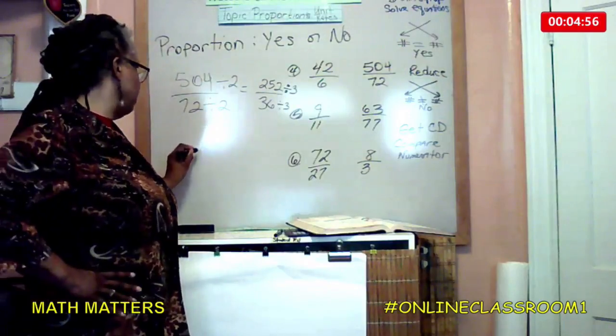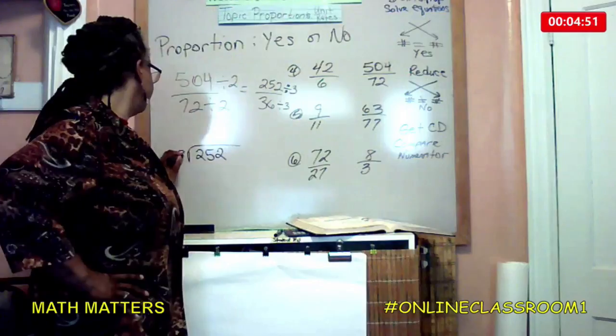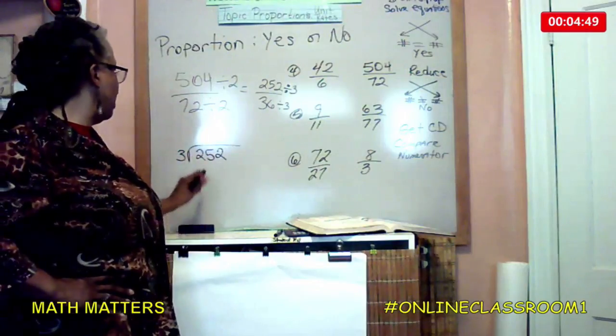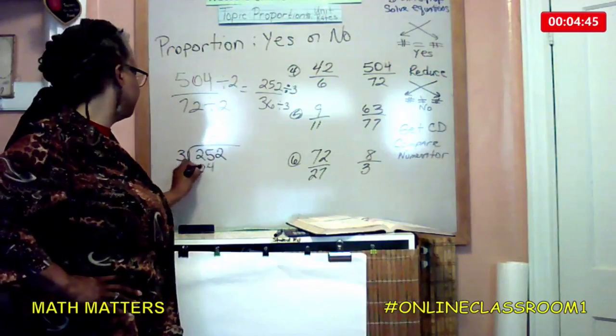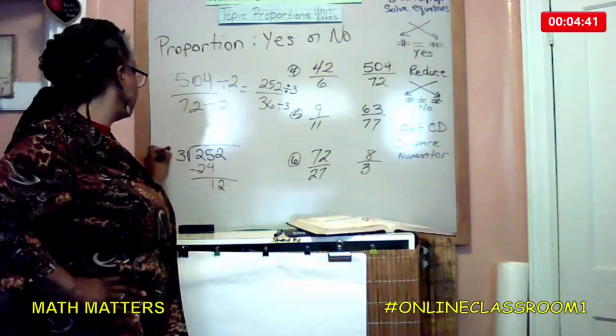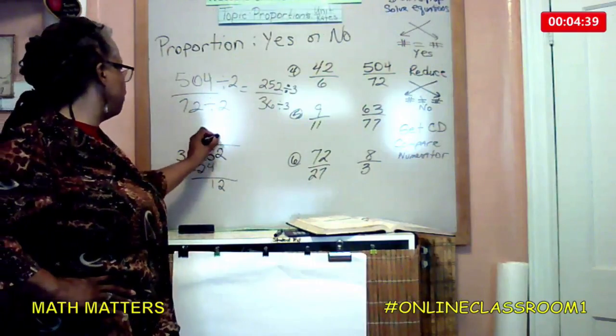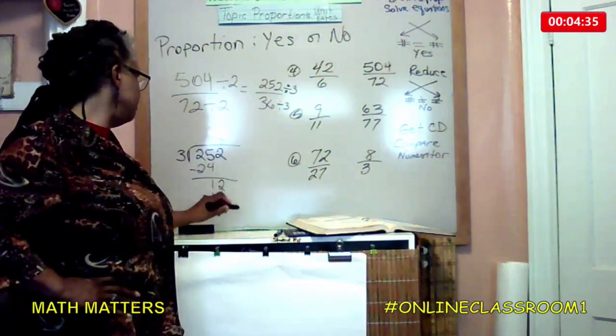Now we have 252 divided by 3. 3 goes into 25 8 times. 8 times 3 is 24. Subtract, bring down my 1 and my 2, which is 12. 3 goes into 12 4 times. No remainder.